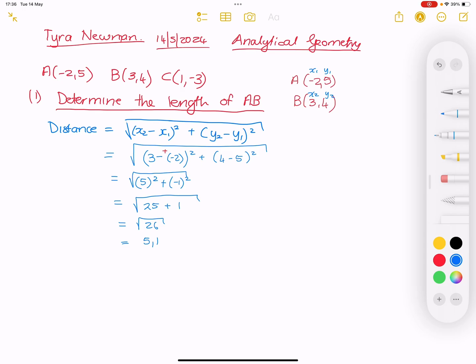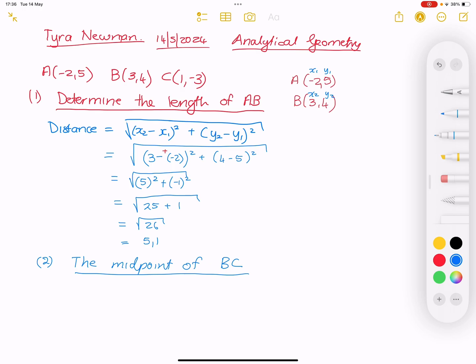The next question, they say the midpoint of, let's do now, BC. So now you write your B down.